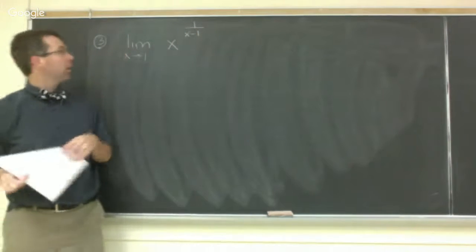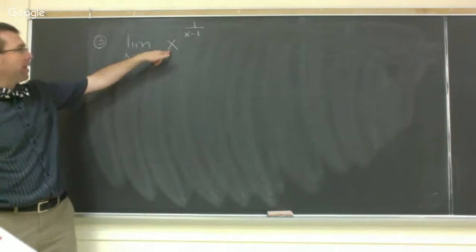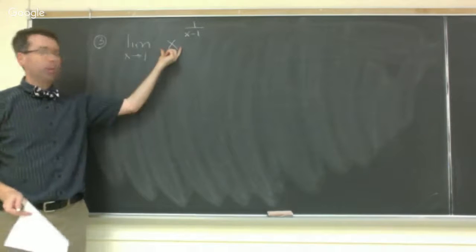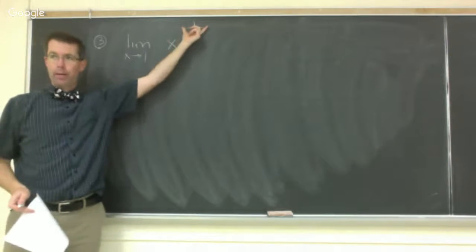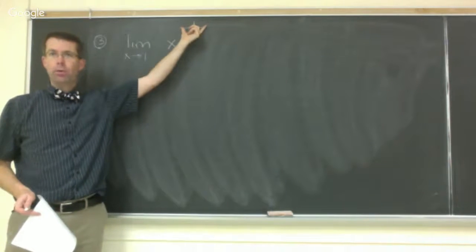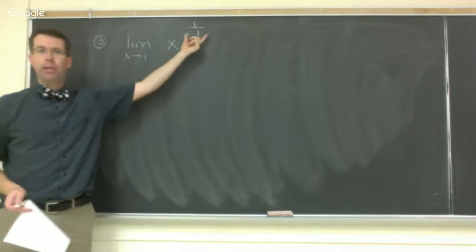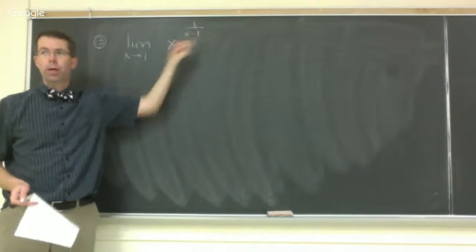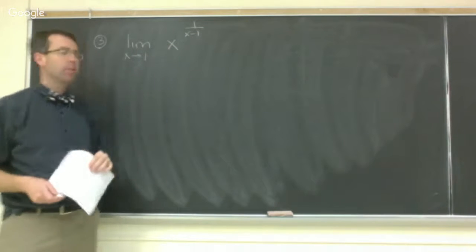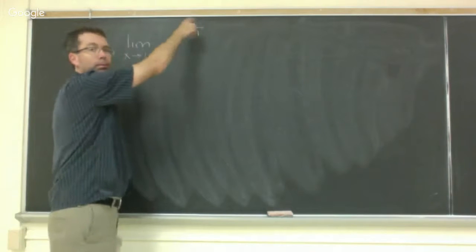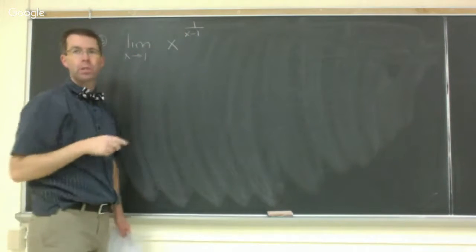So I'm taking a limit of x raised to a power, and I've got a variable in the base and a variable in the power. Whenever I have that, if there's ever any issue in the exponent, you should probably rewrite it. So let's check what happens if I plug in 1, and notice I get a 1 over 0, which is like an infinity.